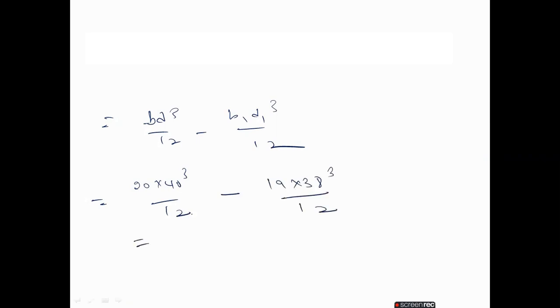Once we calculate this, we will get 19,786 centimeter power 4. So this is the moment of inertia about the x-x axis.